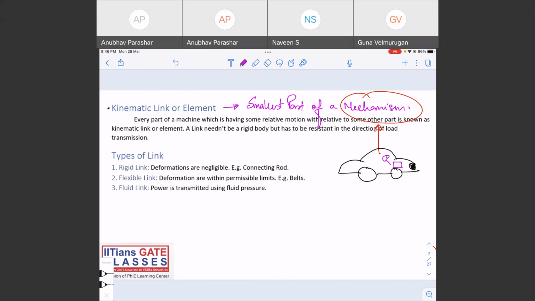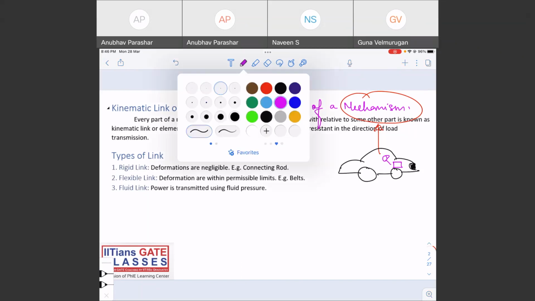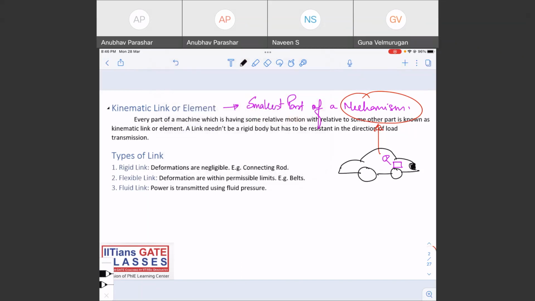What you get to see is the overall structure, but inside it is made up of many different mechanisms. Whatever mechanism you consider, the smallest rigid part of the mechanism is known as a kinematic link or element.